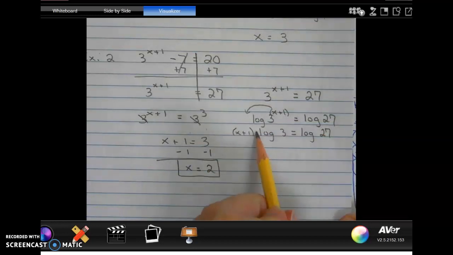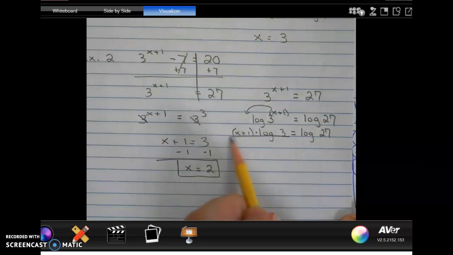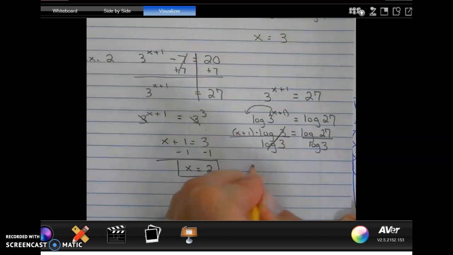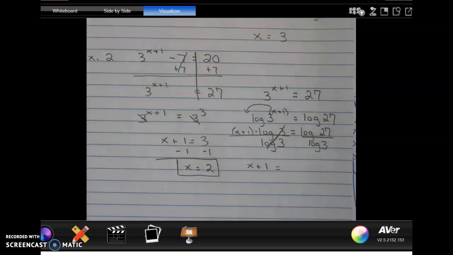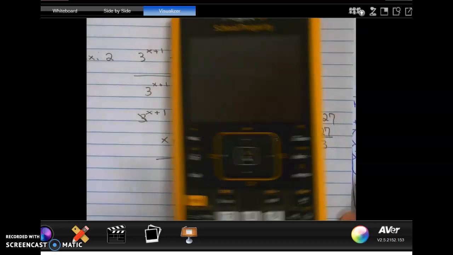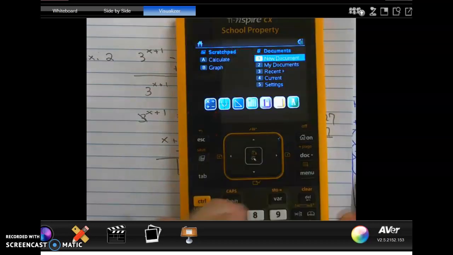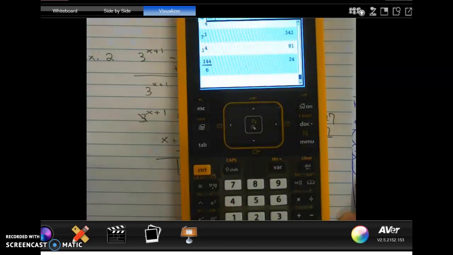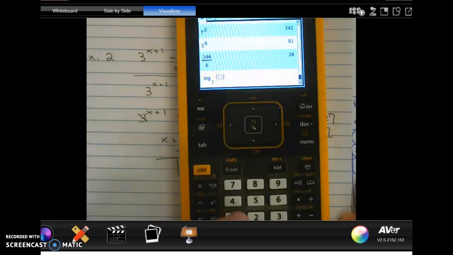This is multiplication. Remember, we want to isolate the x, so we're going to undo multiplication with division. So we end up with x plus 1 equals, and let me get out our handy dandy calculator. All right, so we have the log, and just so that you can see, you can put the 10 in there if it makes you feel better.